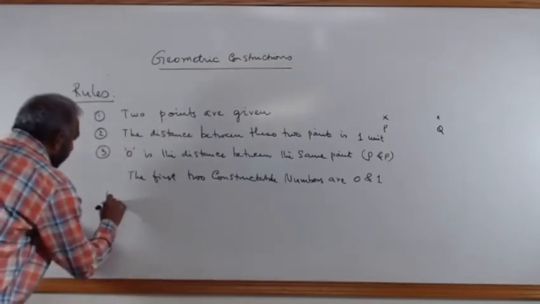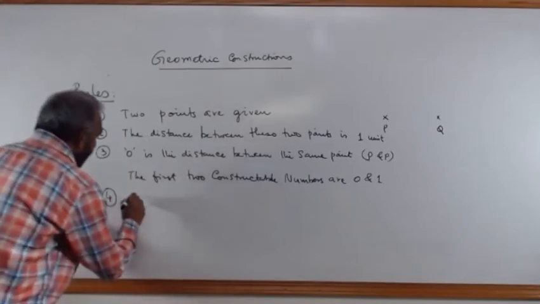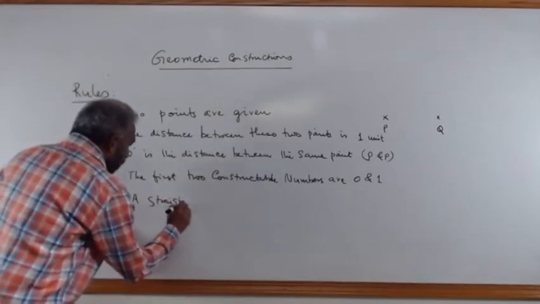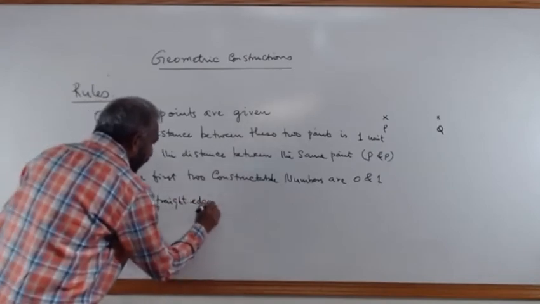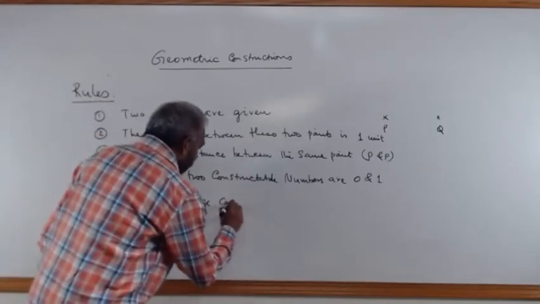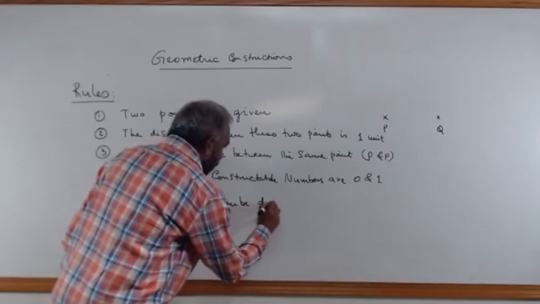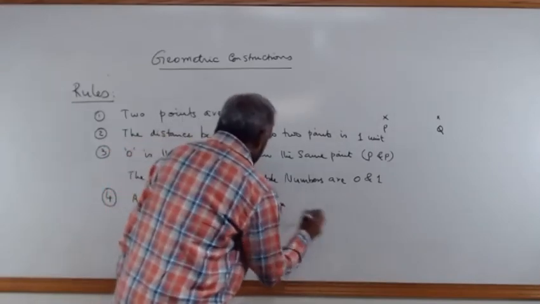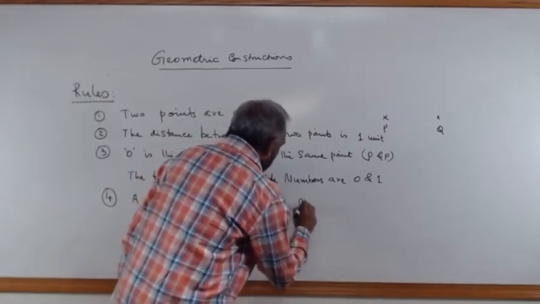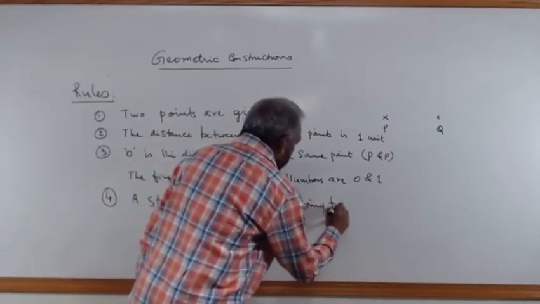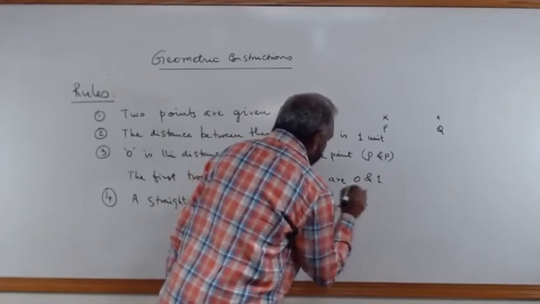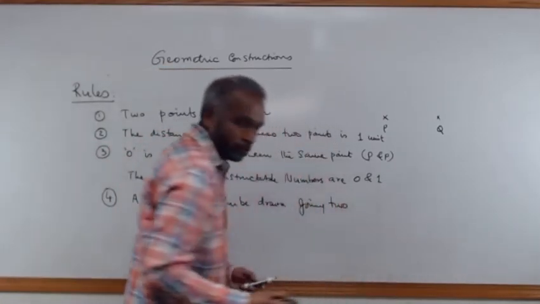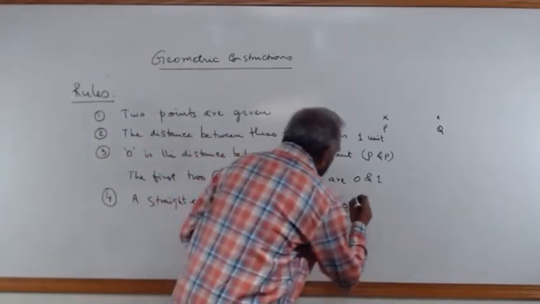The fourth rule is a straight edge can be drawn joining two known points.